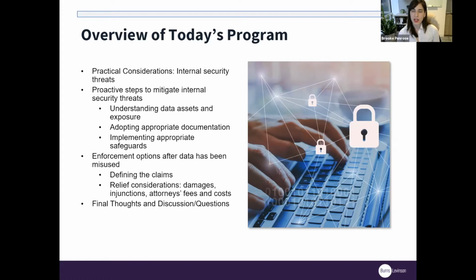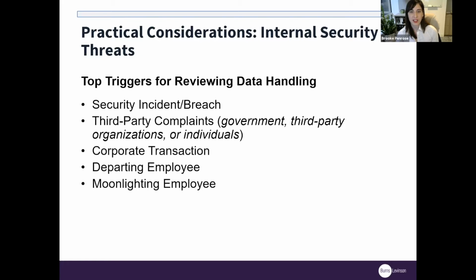Sometimes data insiders misuse data in a way that's malicious, fully understanding that what they're doing is inappropriate. But innocent insiders, such as victims of phishing attacks, also expose an organization to significant risk. So bear in mind that insider data misuse isn't always meant to mean that the insider is a bad actor.